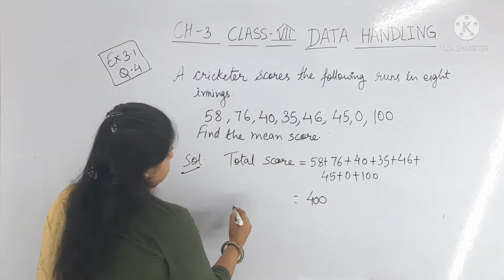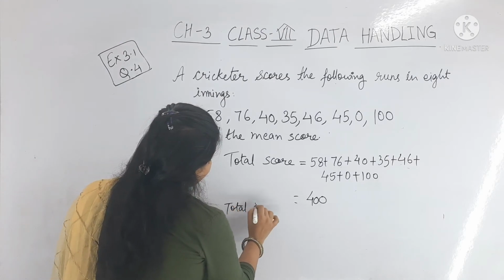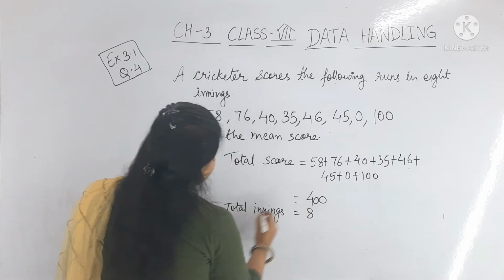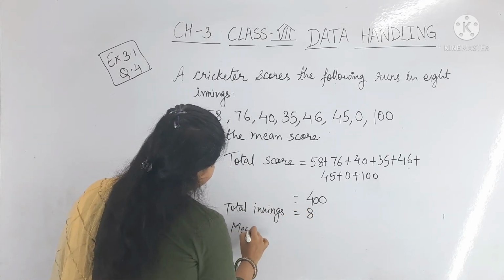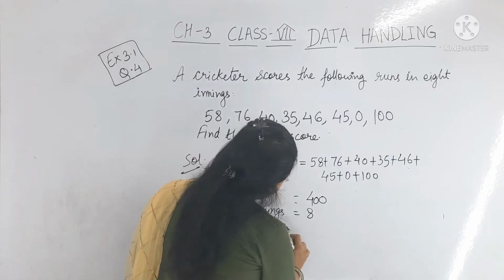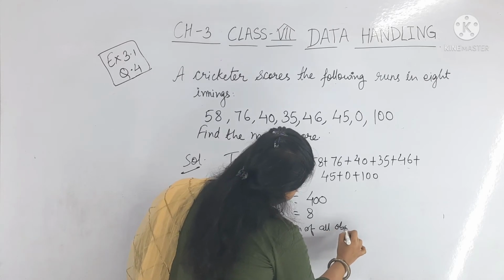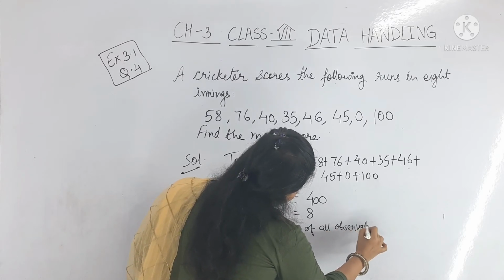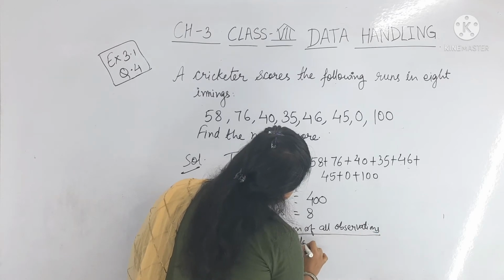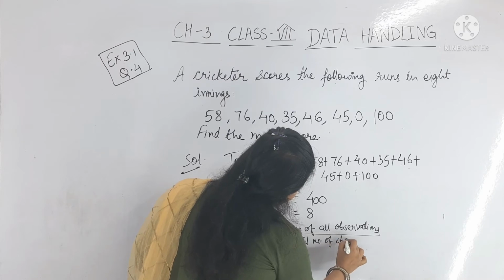Total innings is equal to 8. So for the mean score, you have to write the formula first: sum of all observations upon total number of observations.